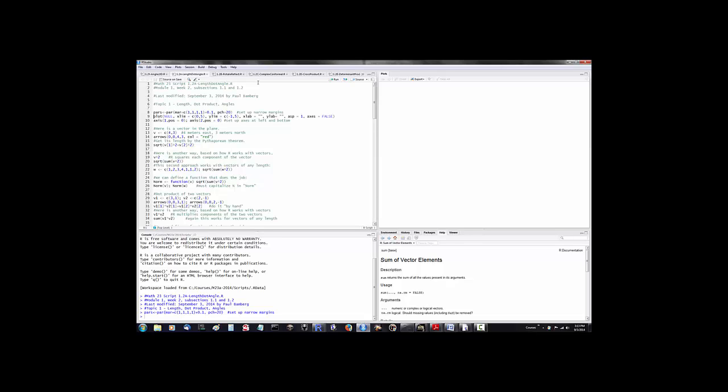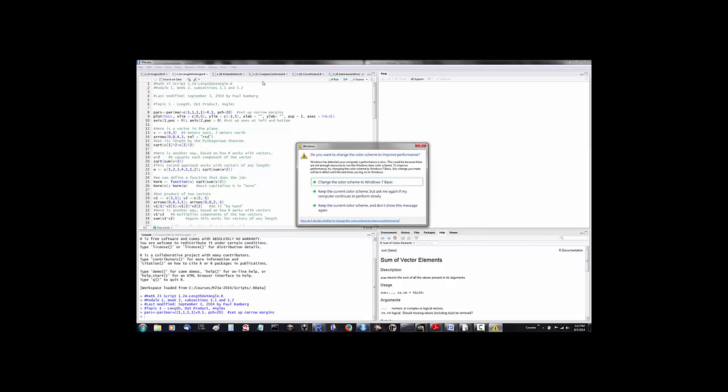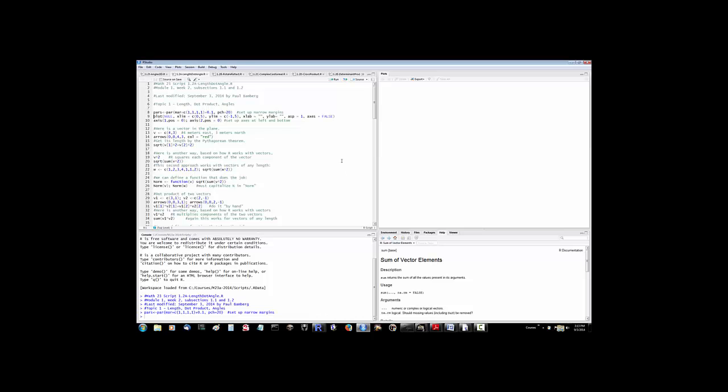I set axes equal to false because I want to set them myself. And the choice 1 and 2 gives me axes at the left side of the screen and at the bottom of the screen, which is the normal thing to do for this type of display.